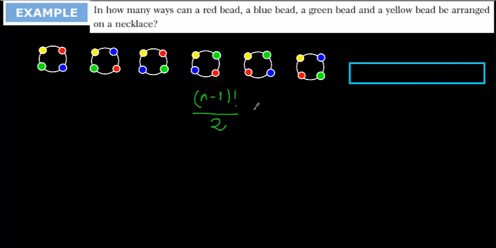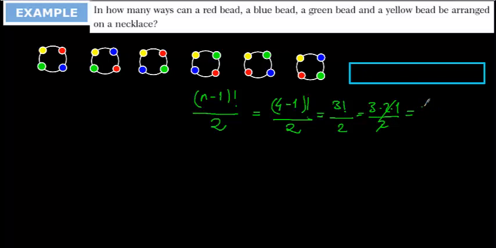I'm going to explain what I mean. So the answer is going to be 4 minus 1 factorial over 2, which is 3 factorial over 2, 3 times 2 times 1 over 2.